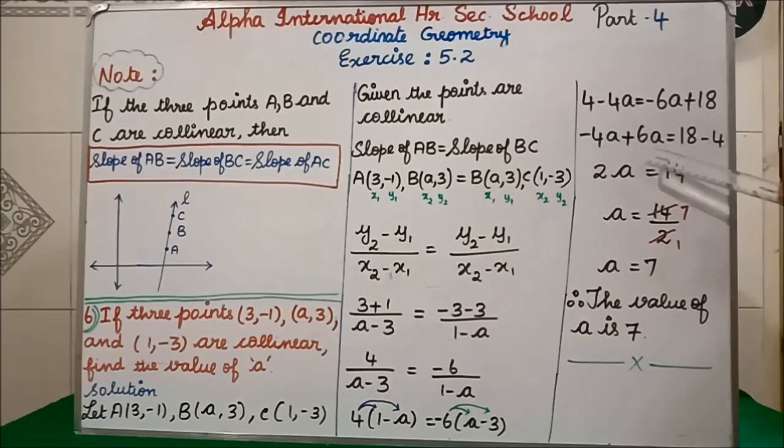Minus plus means we have to subtract, 6 minus 4 is 2a equal to 18 minus 4 is 14. Next step, 14 divided by 2. If you cancel we are getting 7. Therefore the value of a is 7.